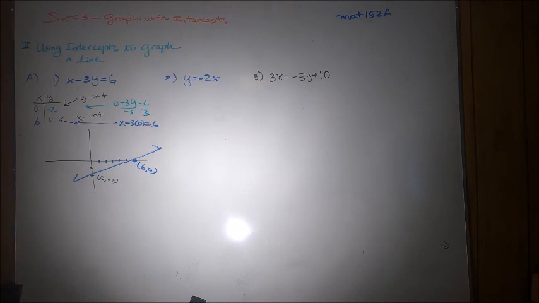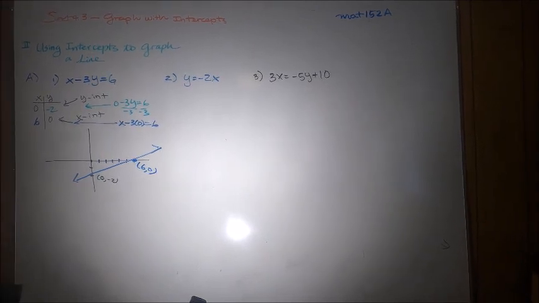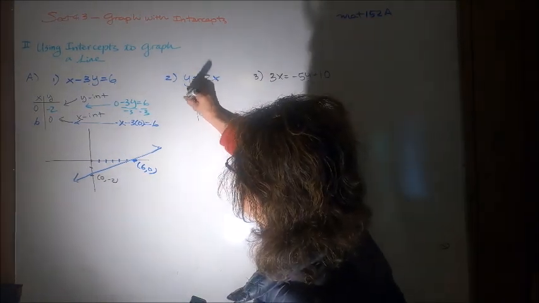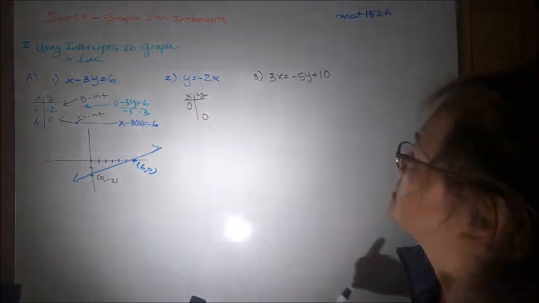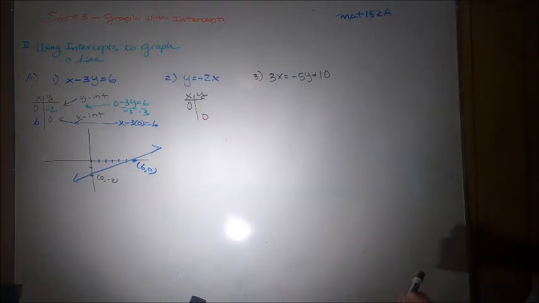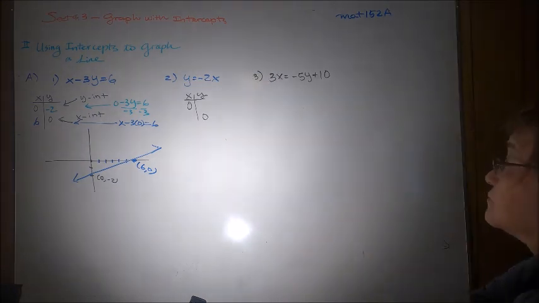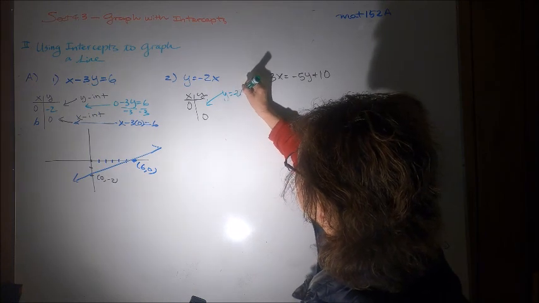Let's look at the next one. So next one, y is -2x. So we do the t-chart, right, with x and y. So when x is 0, what's your y? So x is 0, so y equals -2 times 0.